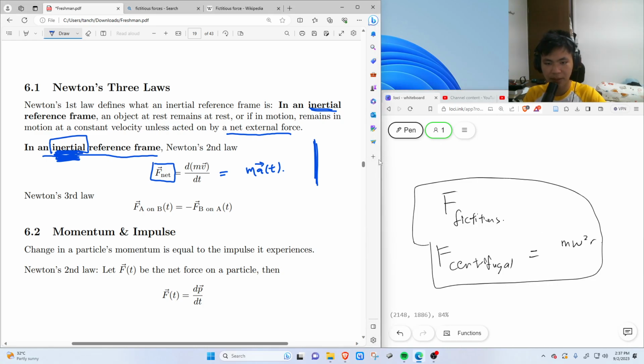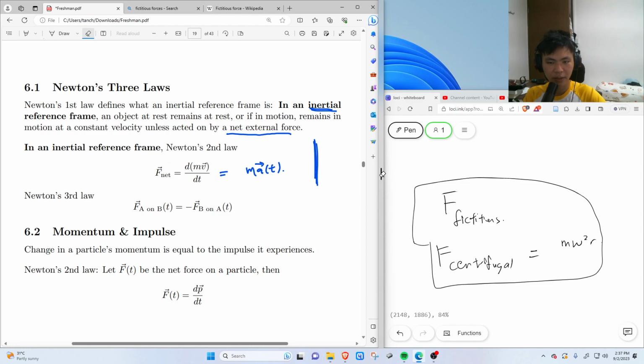I apply Newton's second law in the inertial one, and then I go back into the non-inertial reference frame to see that, oh, it seems like I've picked up some additional terms which are called fictitious forces. But at the core, Newton's second law is a statement about inertial reference frames.